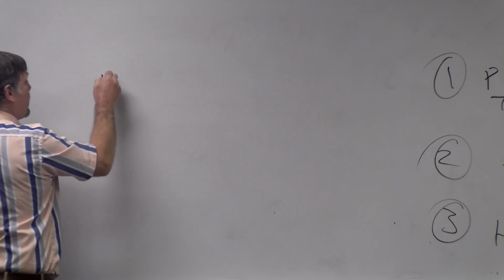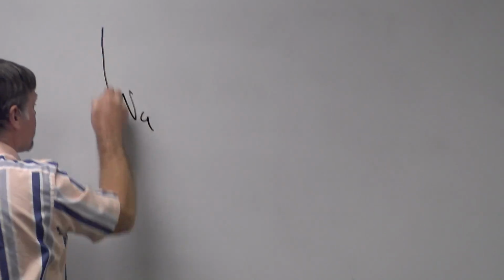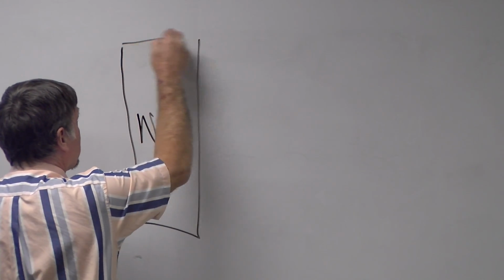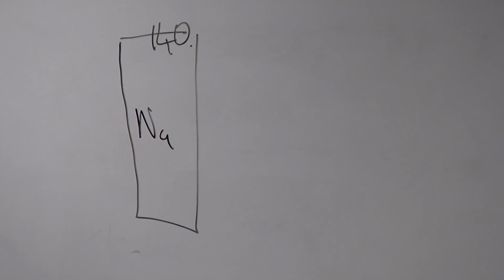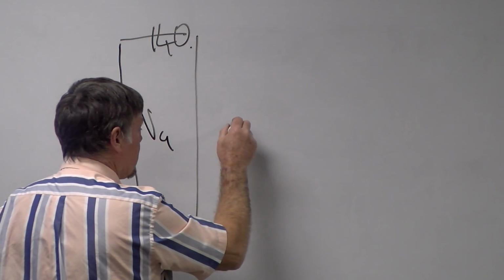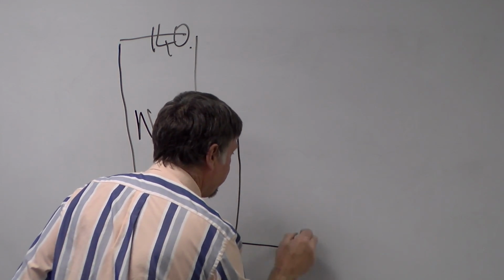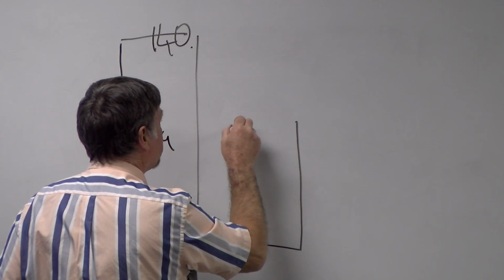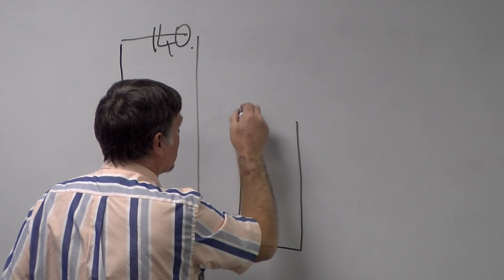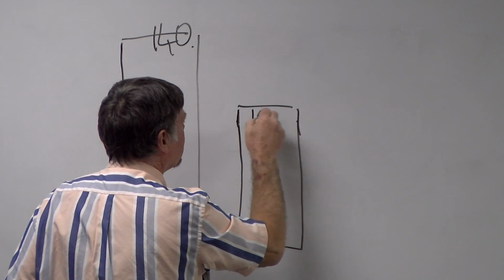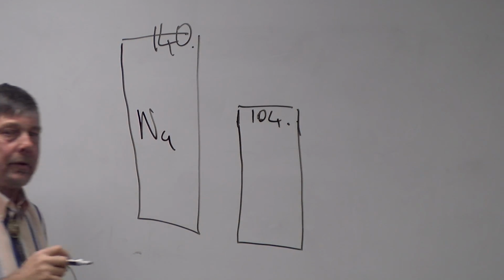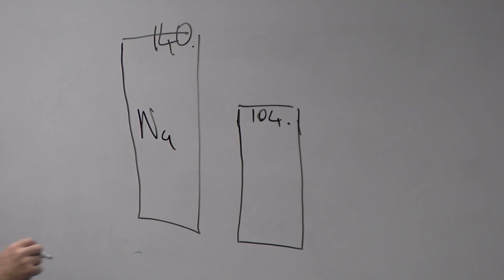If you measure sodium, it's usually about 140. If you measure chloride, and I think the figure that I've got listed is 104. It varies from lab to lab, 104. And bicarbonate, 28.